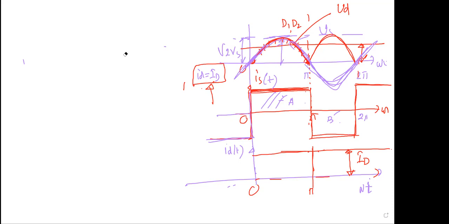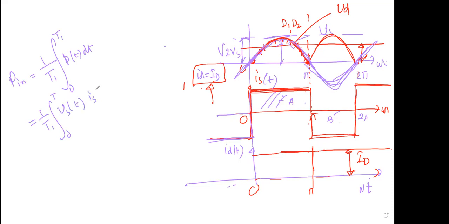So the input power will be 1 by T1, 0 to T1, instantaneous power dt, then 1 by T1, 0 to T1, Vs(t) times Is(t).